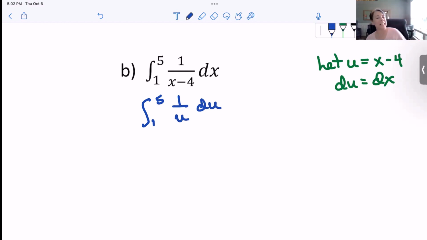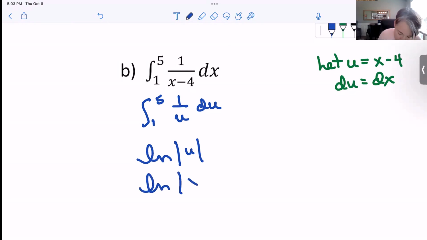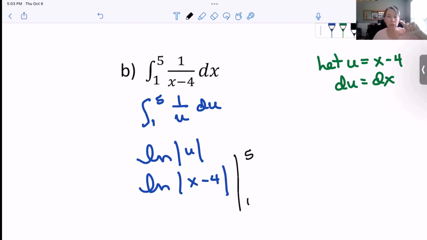And remember, the antiderivative of that is the natural log of the absolute value of that denominator. So now we can plug back in what u represented. u was x minus 4. Be sure you plug that back in before you evaluate it between 1 and 5. Because remember, that 1 and 5 are the limits of integration with respect to x. So you need it back in x before you evaluate.